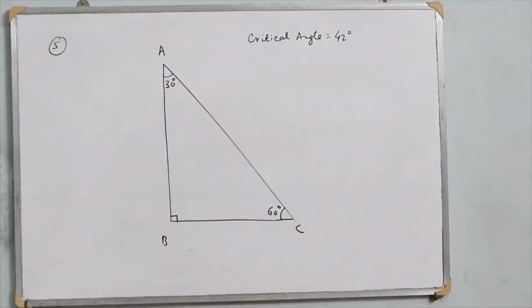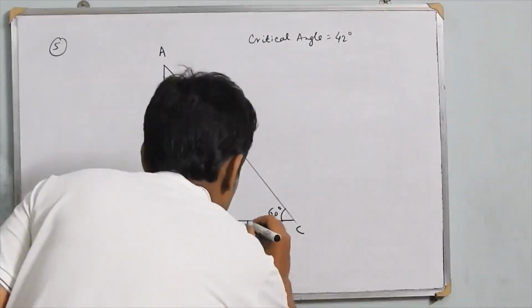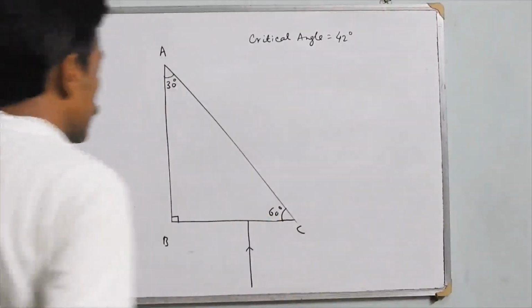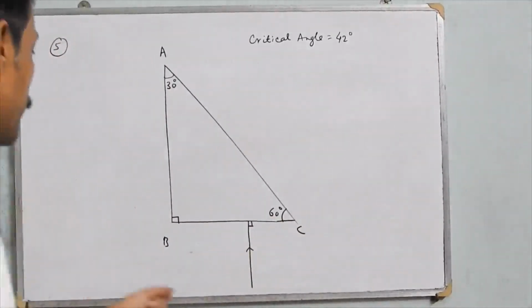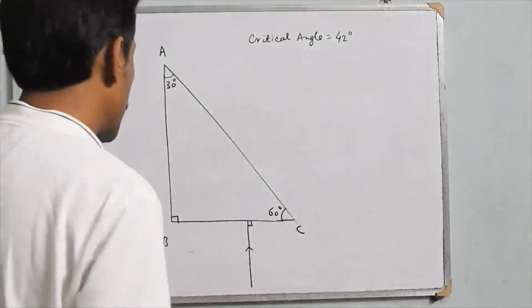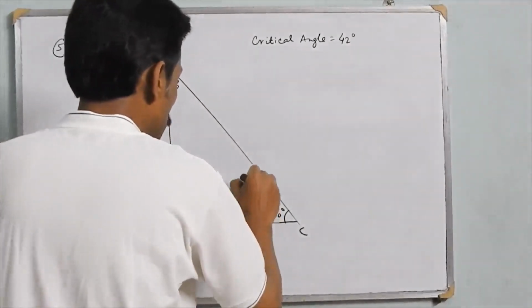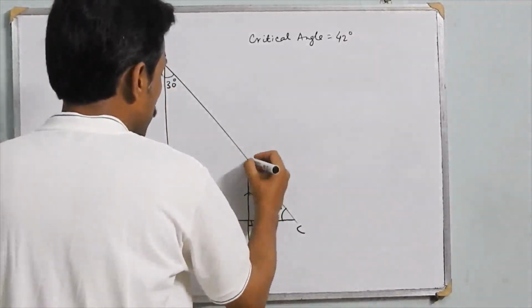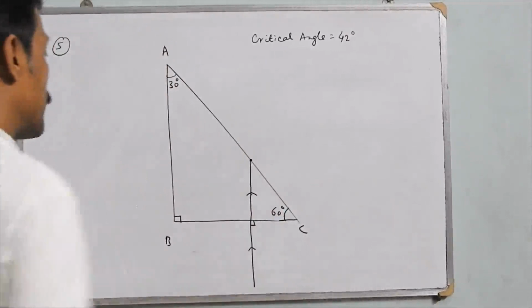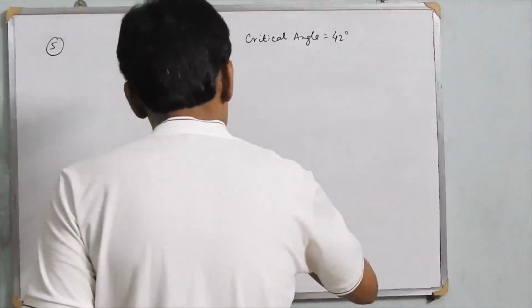So suppose that we consider a ray that is perpendicular to the surface BC. Incident ray is perpendicular to the surface BC of the prism ABC. So obviously the ray being perpendicular will follow its path, it will not deviate, it will move in this direction, and it will be incident at some point on the surface AC. So at that point of incidence we can draw a perpendicular.